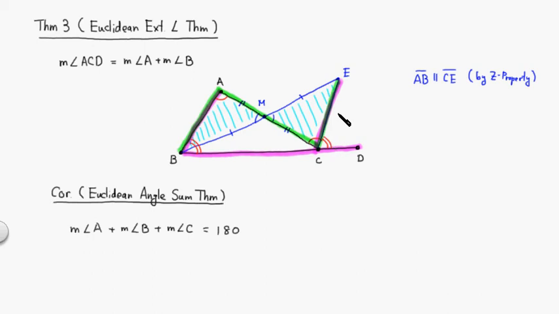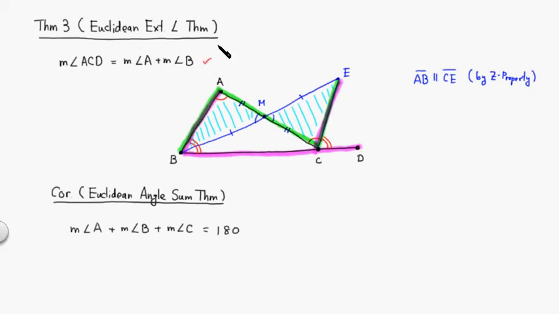Then we're basically done, because the measure of the angle ACD is the sum of the angle ACE and ECD, but the angle ACE is congruent to A, angle ECD is congruent to B, so therefore the sum is the measure of the angle A plus the measure of the angle B. Right? That will prove that.